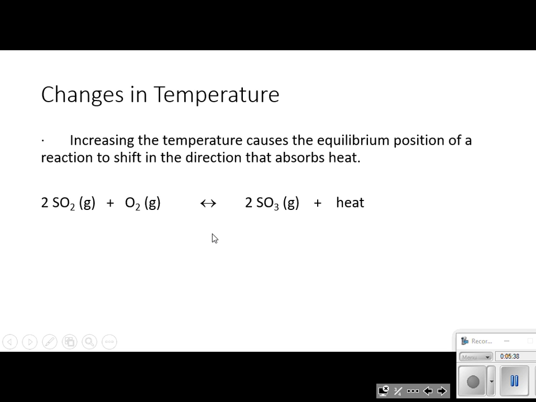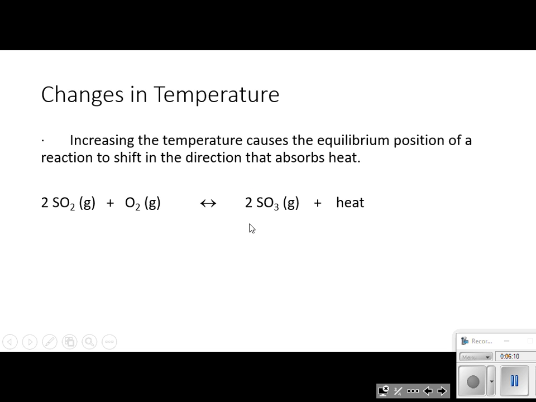Now, what if I take away heat? I decrease the temperature. If I decrease the temperature, this side of my teeter-totter here is going to go up, isn't it? Because it's not going to be as much. So then the equation's going to adjust to make more of those products until it evens out back into equilibrium. So Le Chatelier's second is heat.